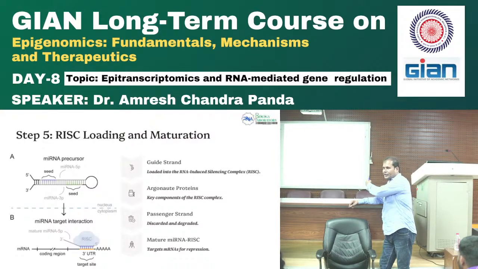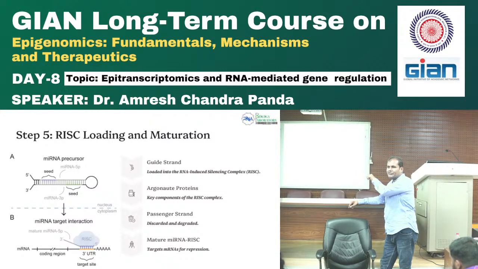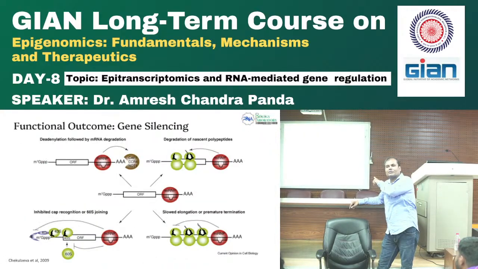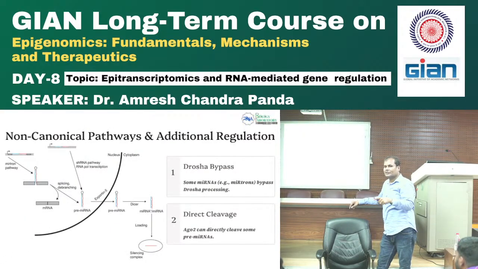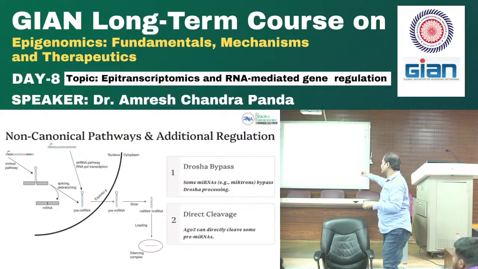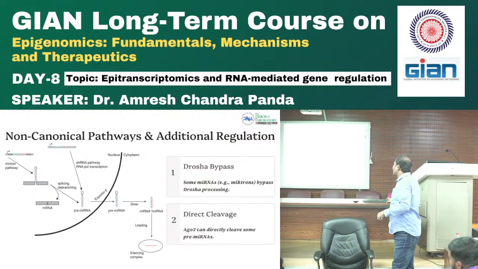They skip something like DROSHA bypass, and some go for direct cleavage by AGO2. AGO2 is actually involved in the RISC complex for the silencing, but sometimes that also works for the microRNA processing. So that is the non-canonical pathway.